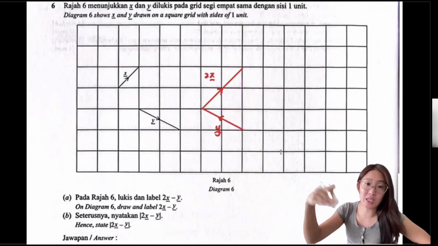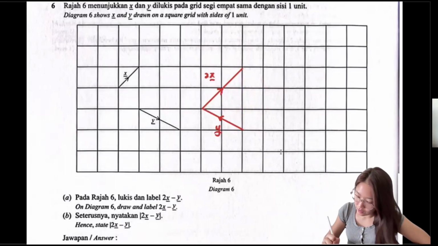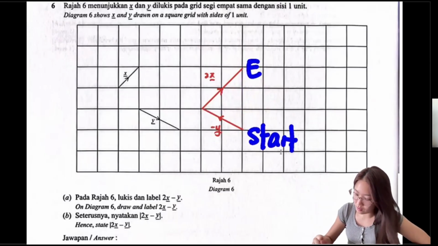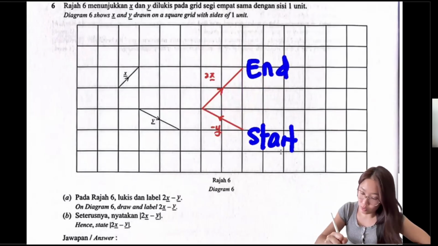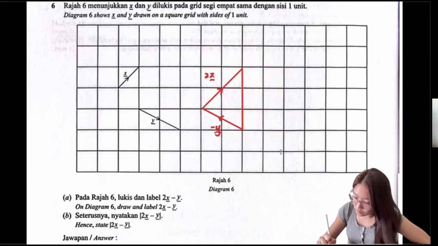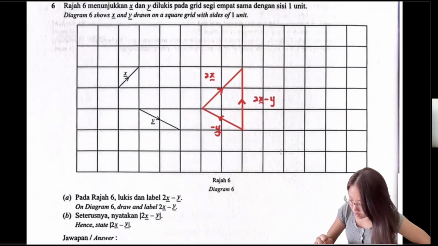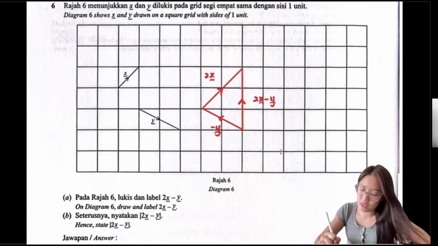It must be connected. So this is negative y, negative 1. All right, then this is your starting point. This is your ending point, isn't it? This is where you start. This is where you end. So this one, join it up. From starting to ending, this will be 2x minus y. Here you get 2 marks.